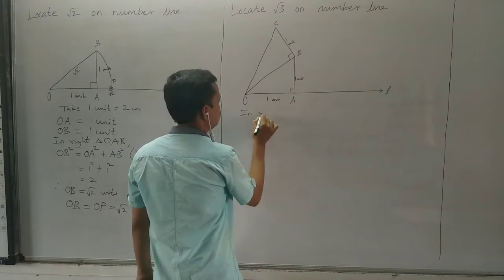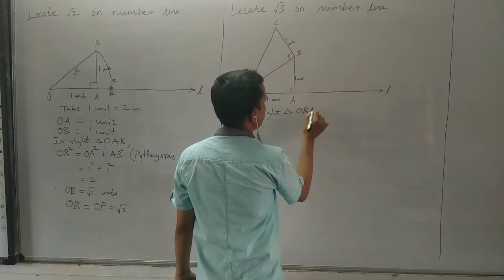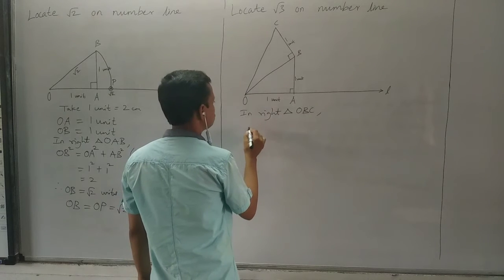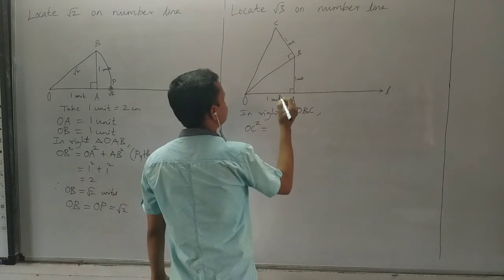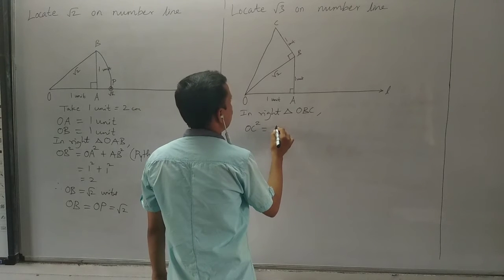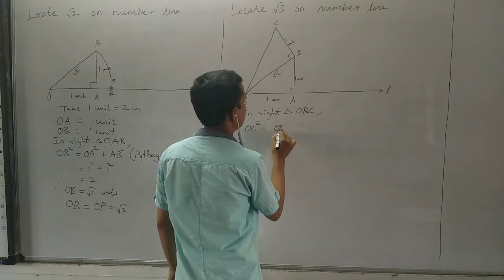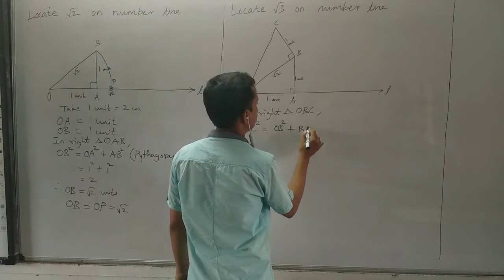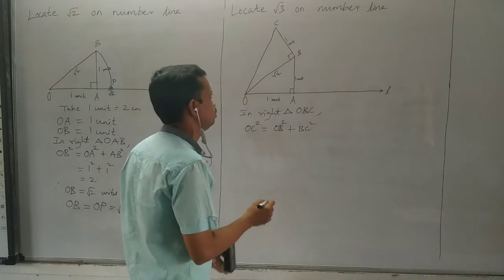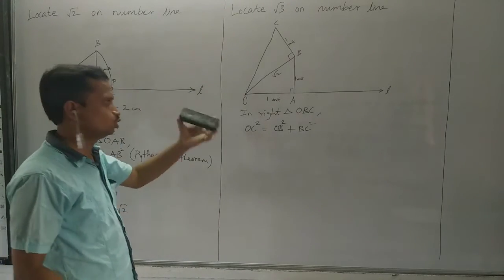So, in right triangle OBC, OC square is equal to OB square plus BC square. You know already from this diagram, OB is root 2.